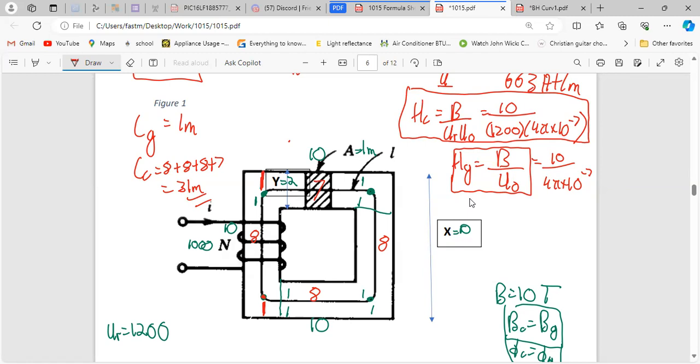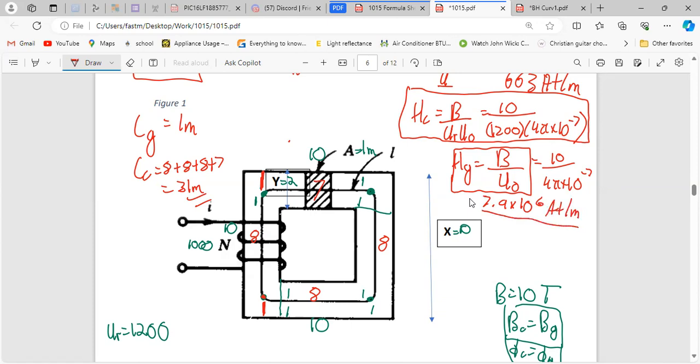That's a big number. Let's work it in standard form. So that'll be 7.9 by 10 to the power of 6 ampere turns per meter.